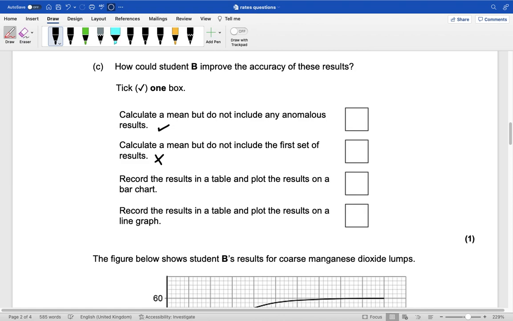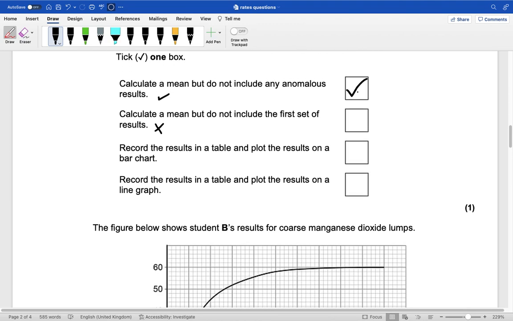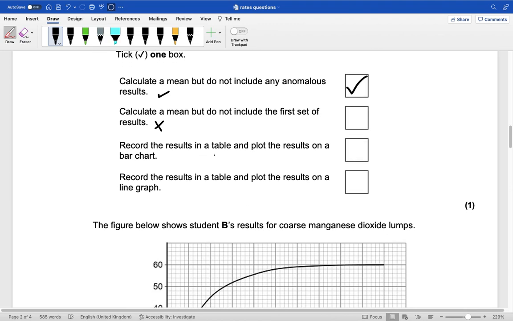Record the results in a table and plot the results on a bar chart. Record the results in a table and plot the results on a line graph. I think this one sounds the most appropriate. To improve the accuracy, we're going to want to calculate a mean, but we don't want to include any results that don't quite fit the pattern where an error has occurred. So our anomalous results we want to leave out.